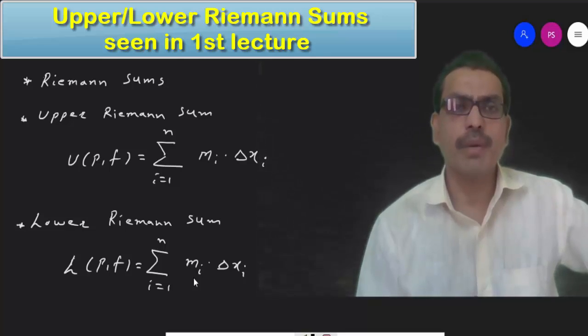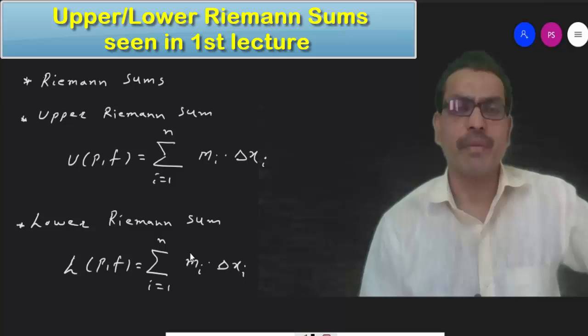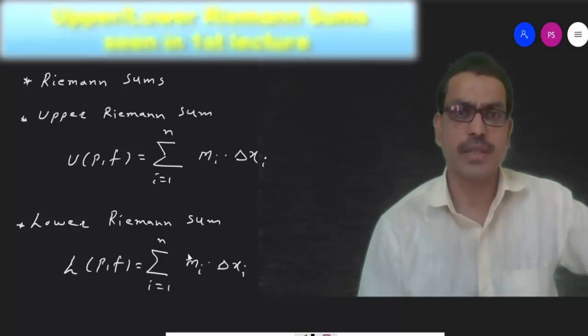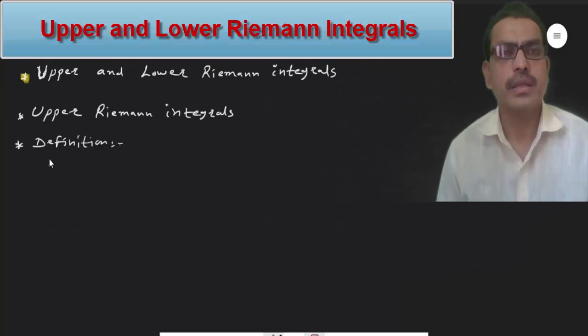Here i goes from 1 up to n. The definitions of the upper Riemann sum and the lower Riemann sum we have already seen in my last lecture. So let us see the upper and lower Riemann integral.